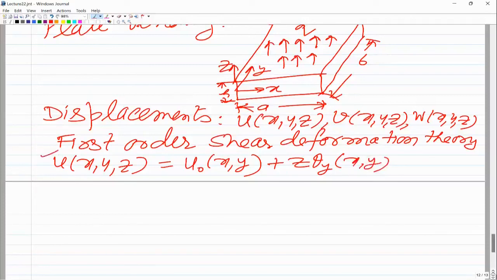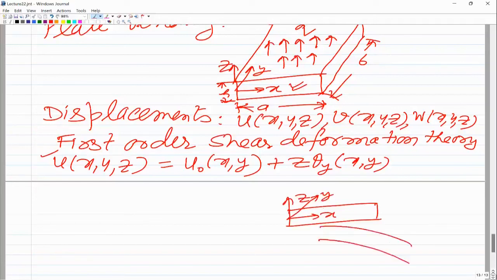So how are we writing this? In this plate, if I take any xz plane, in the undeformed configuration, this is my xz plane, with x and z axes, and of course the y coordinate is like this. When I take the rotation about the positive y axis, after deformation this element goes somewhere here.